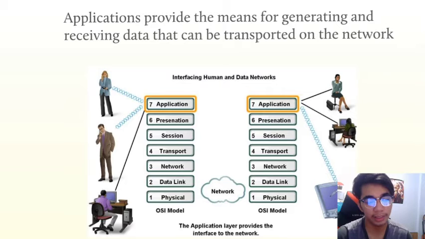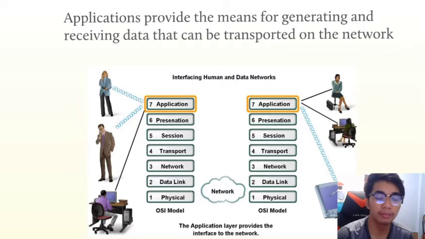Then it goes to the network layer in order to see the best path for the packet to go through. Then there is the transport layer with segmentation. Then session, presentation, and application make up the application layer of the OSI.